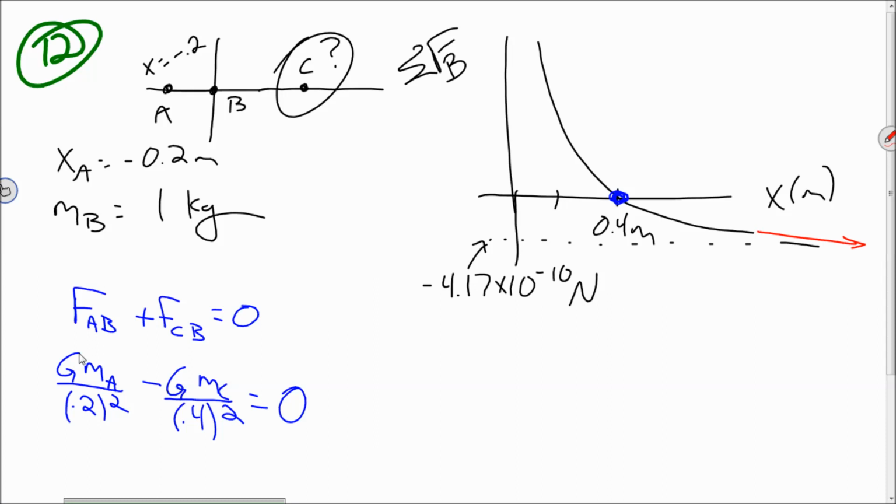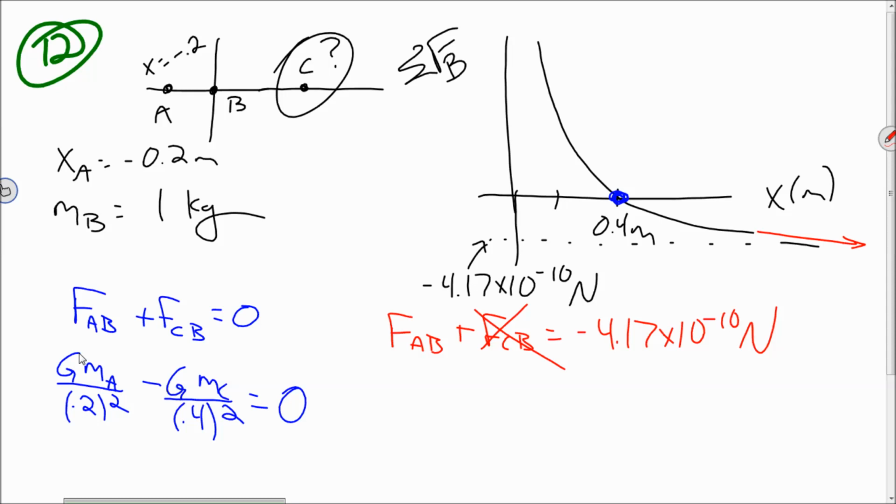Sorry, I was thinking we're looking at C. Okay. So at infinity, here's what I know. I know that the force between A and B plus the force between C and B has got to be negative 4.17 times 10 to the negative 10th newtons. Okay? But remember, this represents the position of particle C. So if C is at infinity, then this goes away.